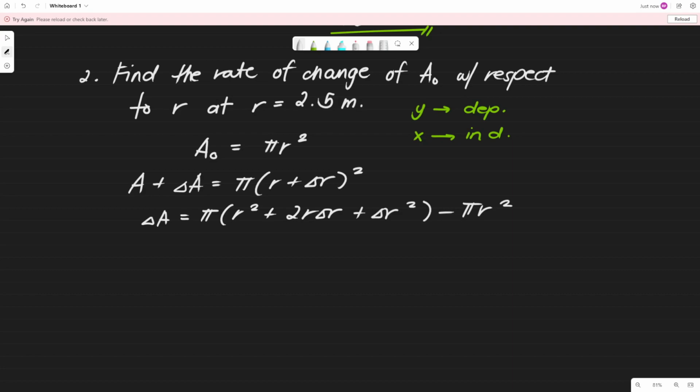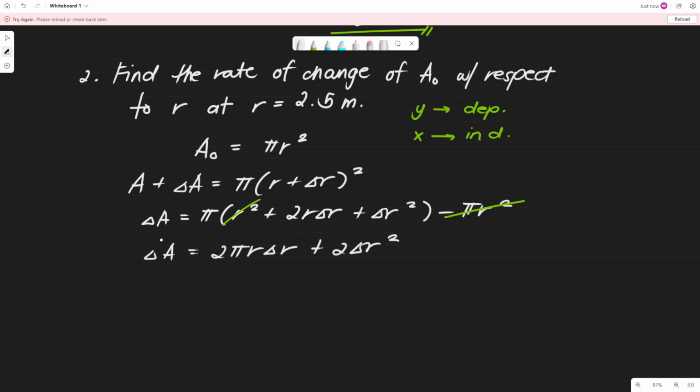Okay, and if we're going to distribute yung pi natin, so makakancel na yung ating pi r squared. Ito, makakancel to, yung r squared na part. Okay, so we'll have delta A is equal to 2 pi r delta r plus 2 delta r squared.